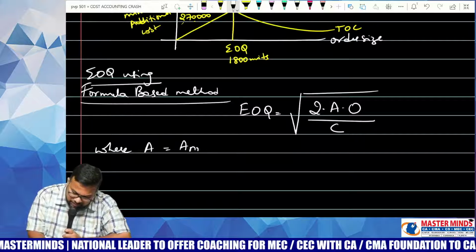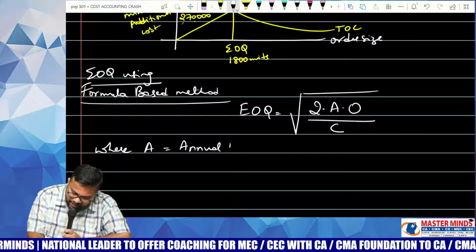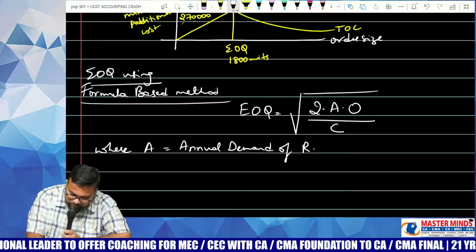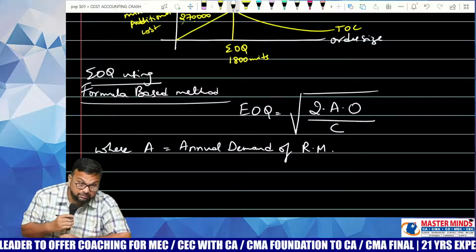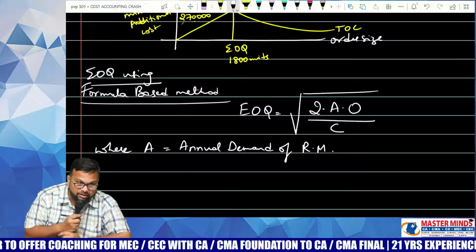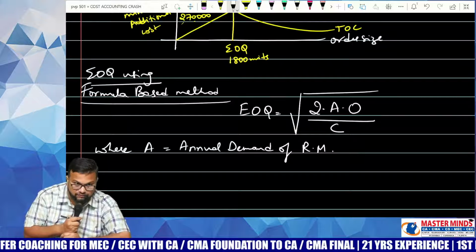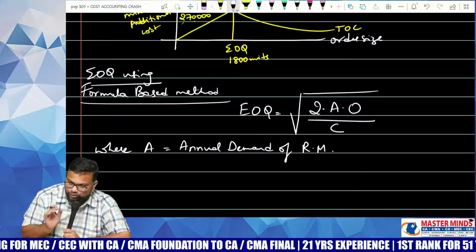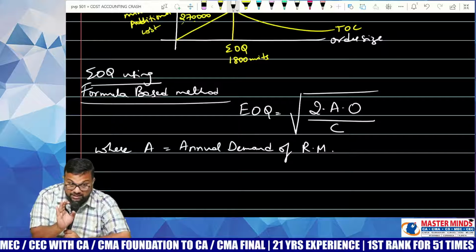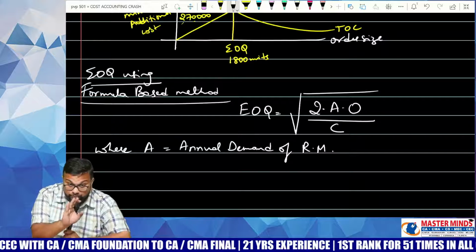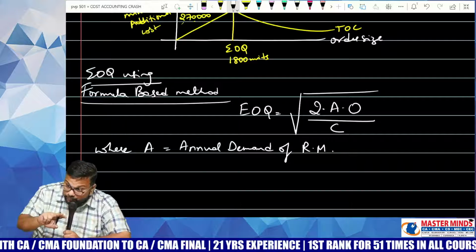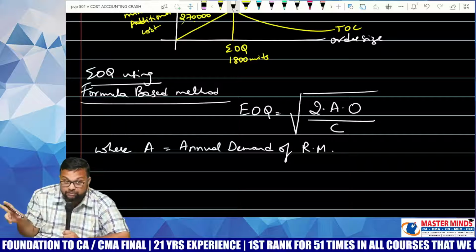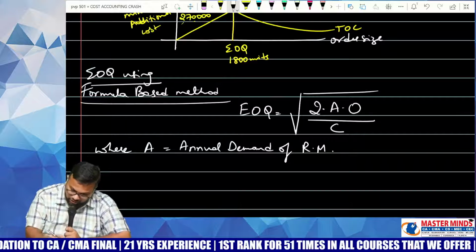Annual purchase or demand means one and the same. Annual demand of output, right? Output means production. There is difference between output and raw material. In the question also, we should be very, very careful. Sometimes he will give information related to output. We have to convert that output into raw material, and we have to use annual demand of raw material.